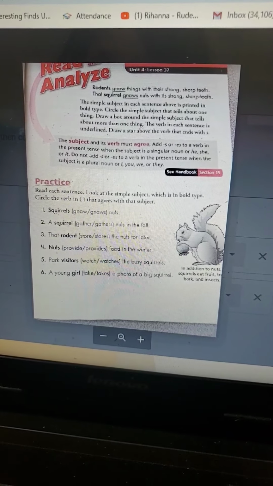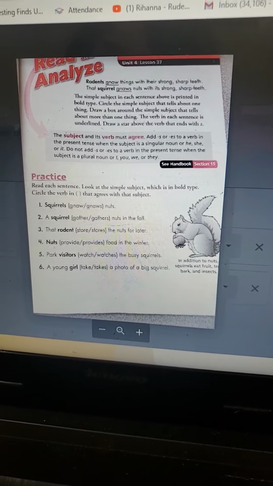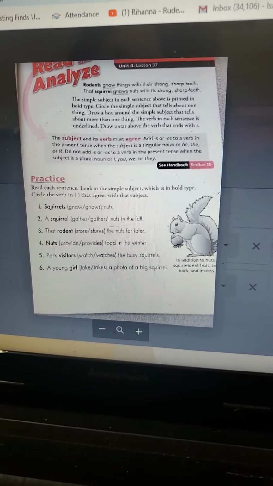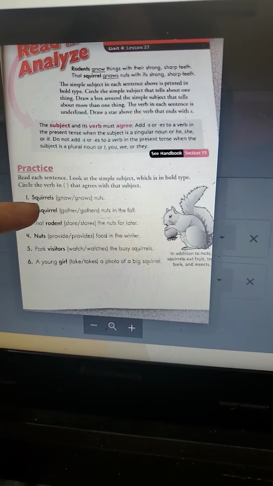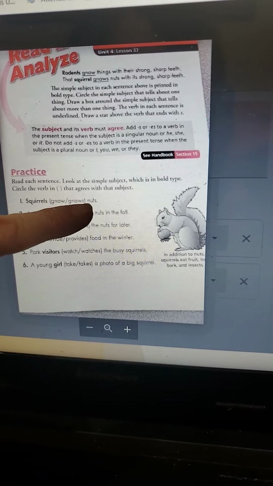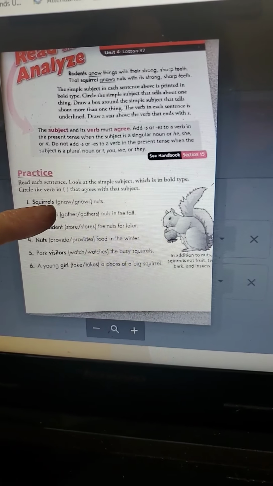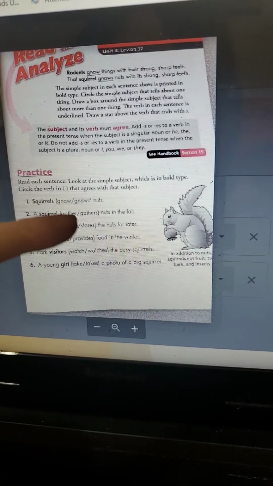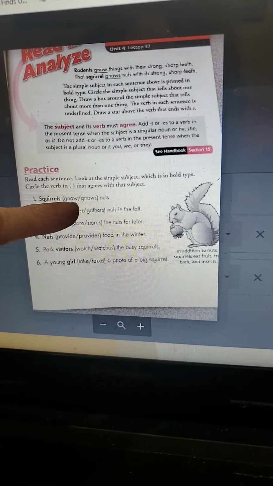A singular verb has an S. So squirrels gnaw. You don't want to have squirrels gnaws, because remember, you can't have an S on the verb and the noun. So if the noun has an S, then the answer is the one without the S.